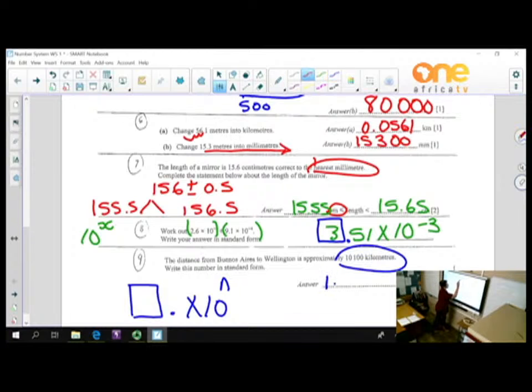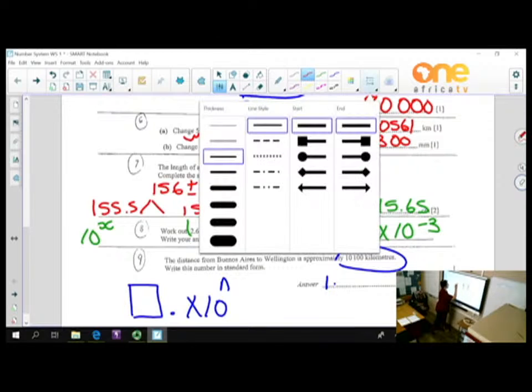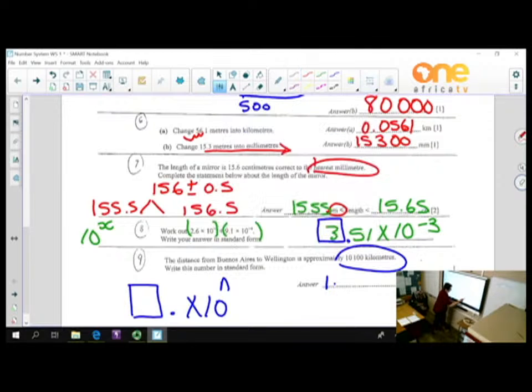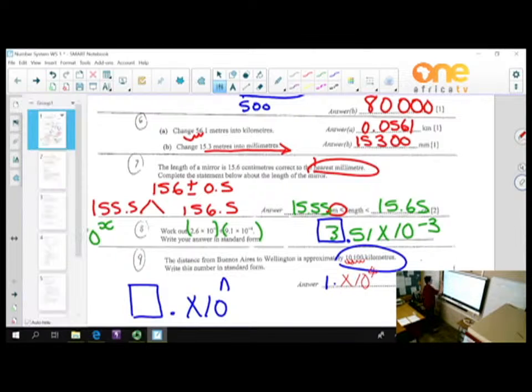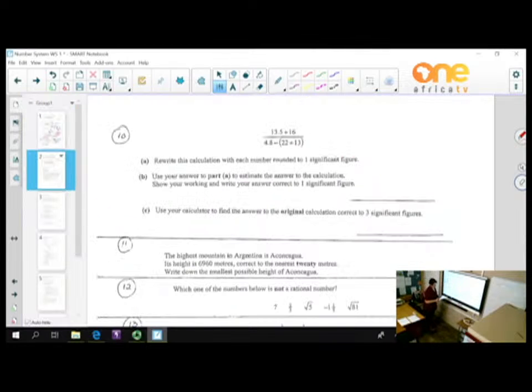Okay, and then how many places do you move this one? Look here. We move 1, 2, 3, 4. So it is times 10 to the power of 4. Right, page 2.